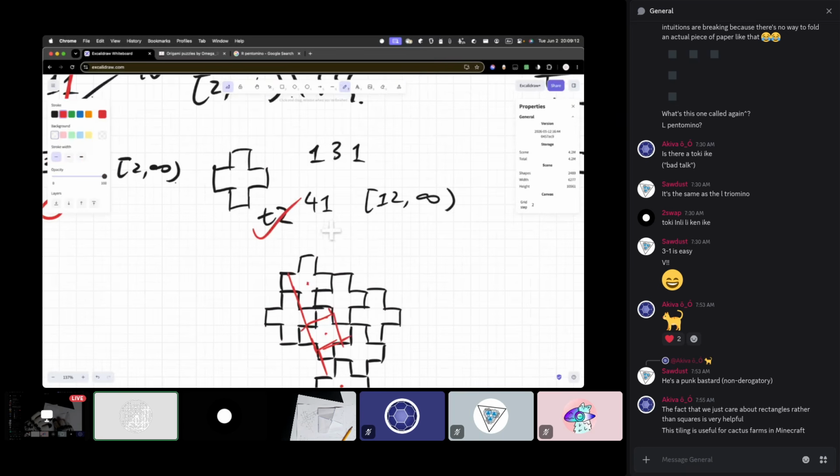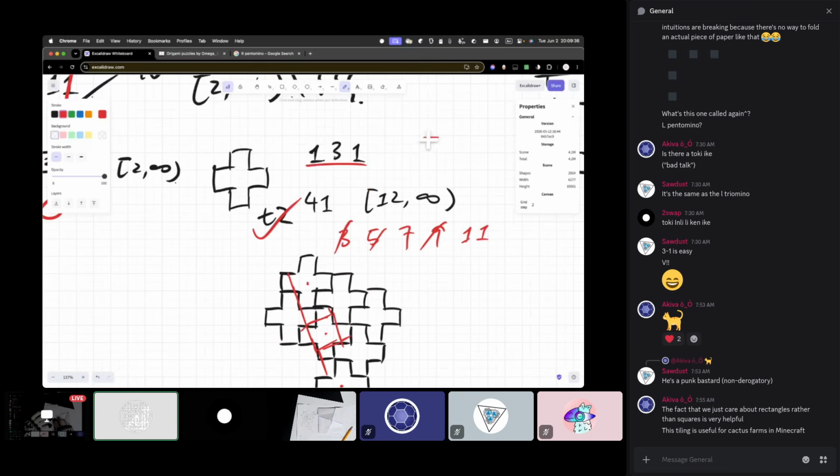Now that we have thickness 2, all that we have left to consider are 3, 5, 7, 9, 11. 5 and 9 we know are easy to do. 3, 7, 11 are all easy to do with 1, 3, 1. Specifically, for 3, you just clamp the two ones.